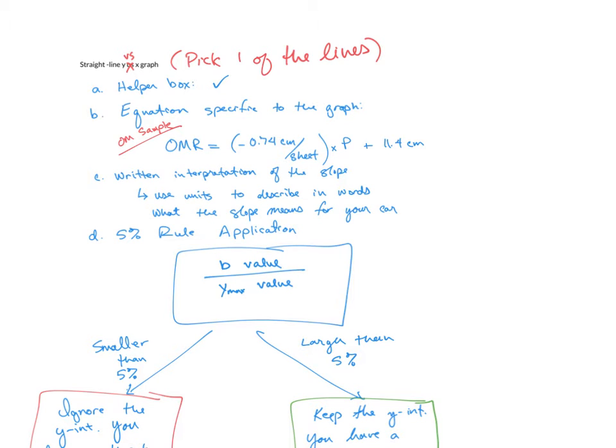The second thing it asks is to write the equation that is specific to the graph. If we were looking at the example from the optical micrometer, this is the thing on the y-axis. So you use the short symbol for the y-axis, then the slope with the units, multiplied by whatever is on the x-axis. In the optical micrometer, that was pages. Then you add or maybe subtract the y-intercept with units.